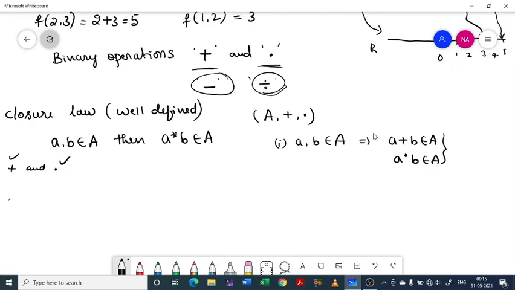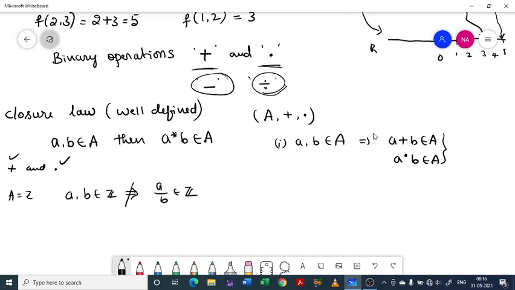Suppose I take A equal to Z, then a, b belong to Z need not imply that a by b belongs to Z. So closure law is not true for the set of integers with respect to division.